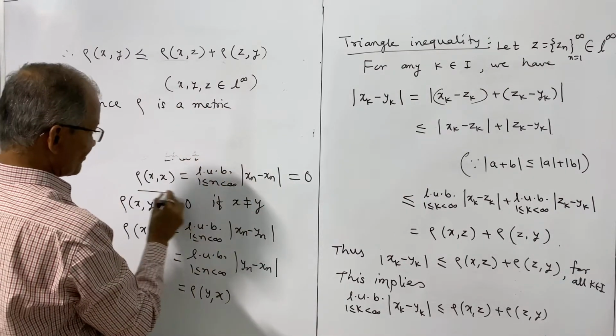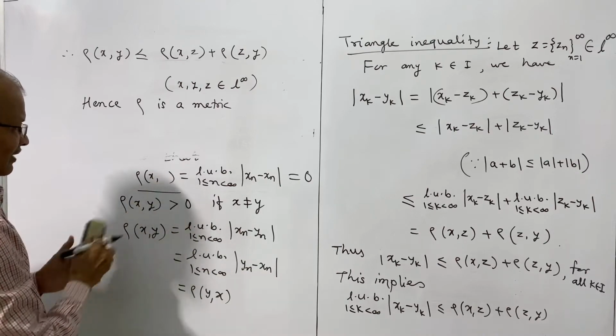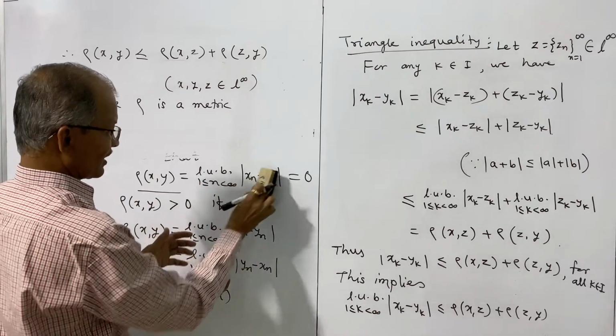Rho, which is defined by the definition here, rho of x, y. This definition was there.